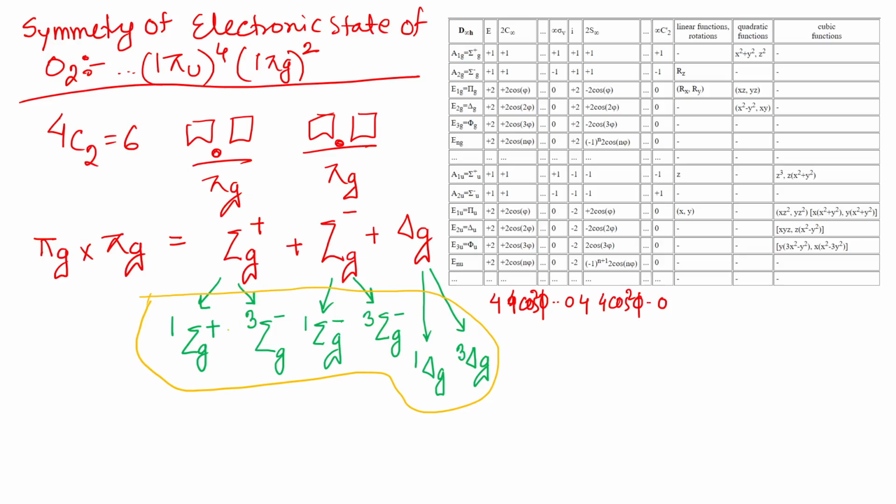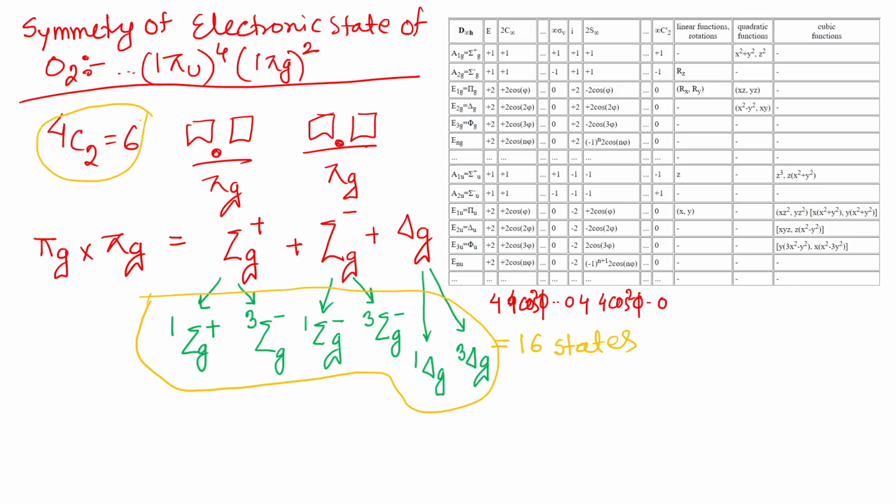So three states. So four from here, eight, 12, two from singlet delta g, so 14, and the rest makes 16. Total 16 states. But that is not possible, right? Because we already see there are only six possibilities there.